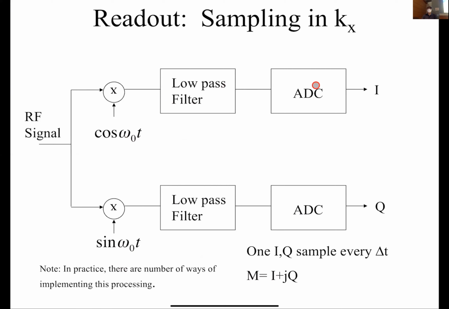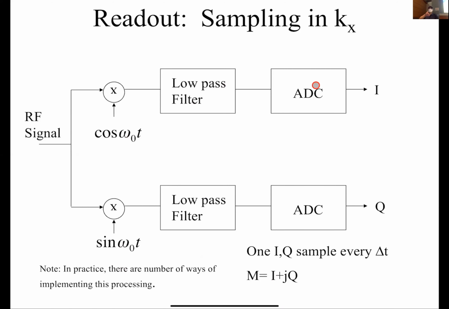You probably have more than one ADC right now on your phone: probably one for your audio, one for your video, and maybe even one for your magnetometer. So you probably have 3 or 4 in your phone right now.